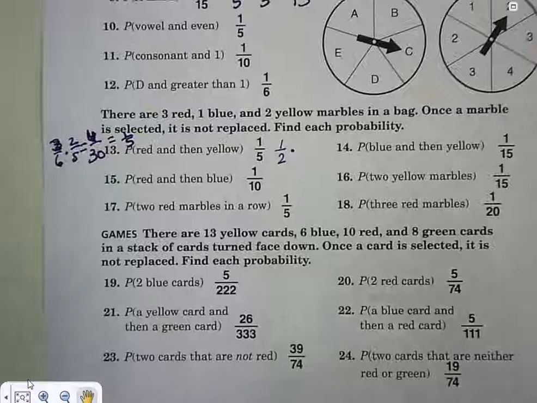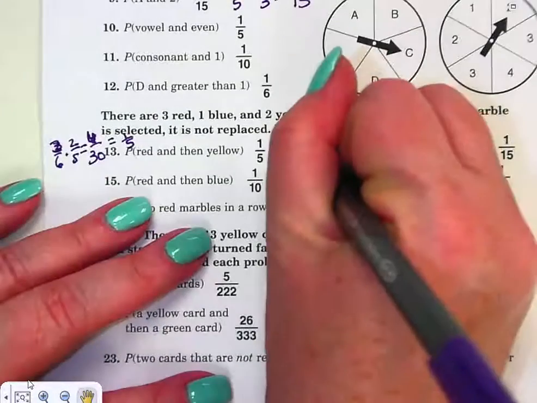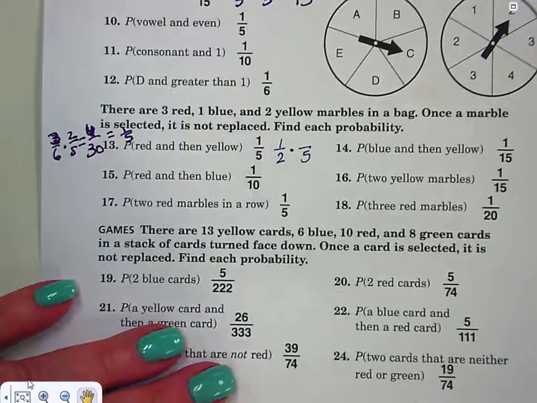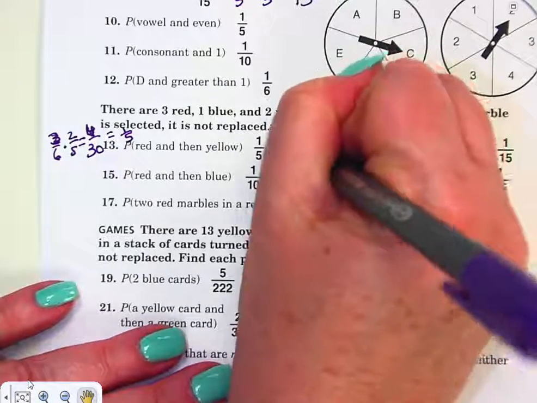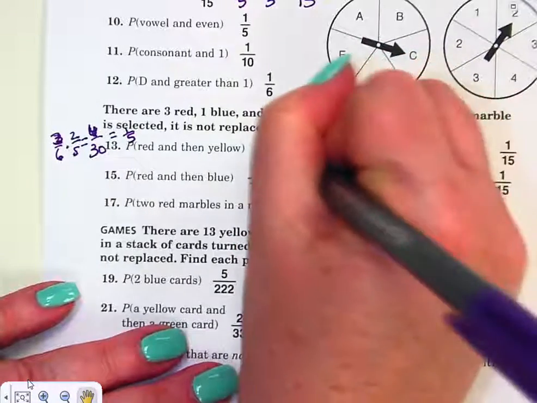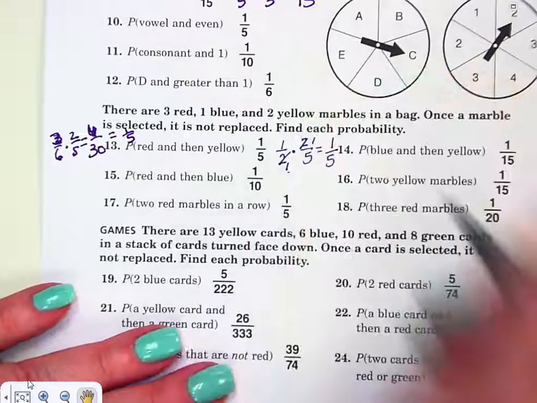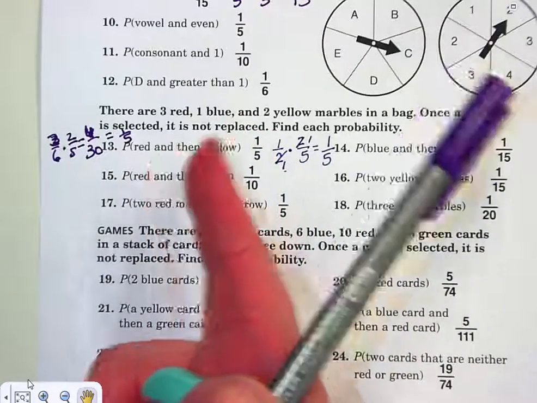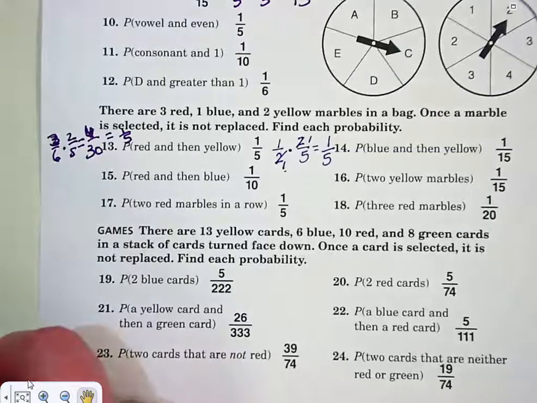So now how many marbles are in the bag? 5. There's 5 in the bag. And how many are yellow? 2. Multiply. I'm going to cross simplify first. 1 times 1 is 1. 1 times 5 is 5. 1 out of every 5 times I do both of those things, I should get a red and a yellow.